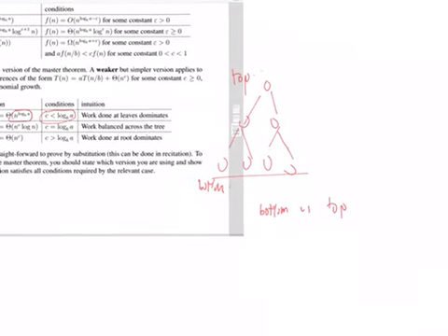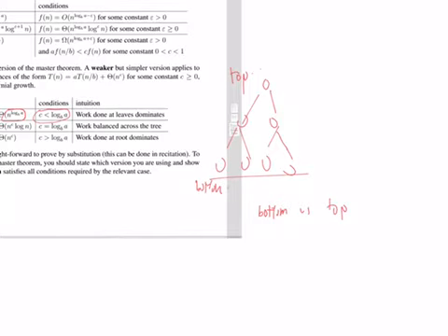Well, what's the work done at the top? Well, if the recurrence relation looks like this, then the work done is clearly this term. And so the work done at the top node is n to the power of c.